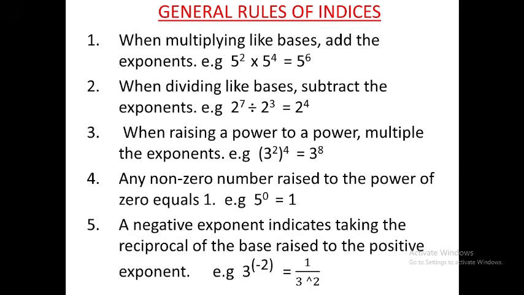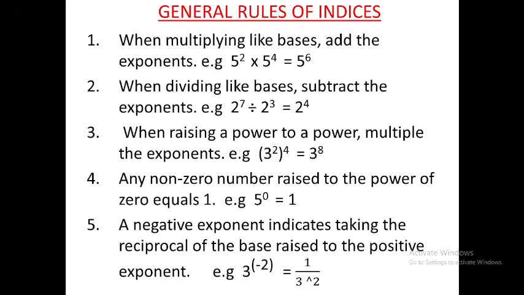The fifth rule says that a negative exponent indicates taking the reciprocal of the base raised to the positive exponent. We have here 3 exponent negative 2. Basically, just write 1 over 3 exponent positive 2.